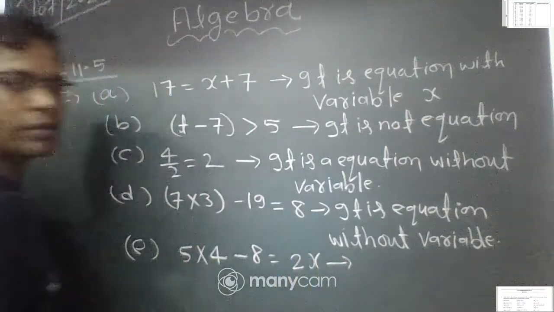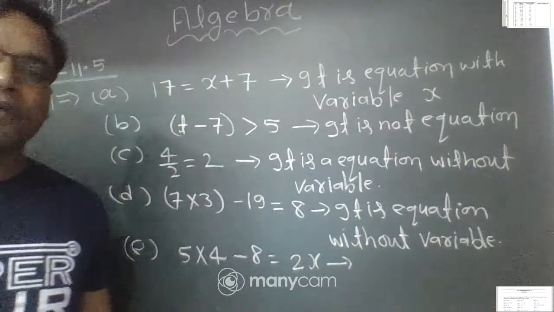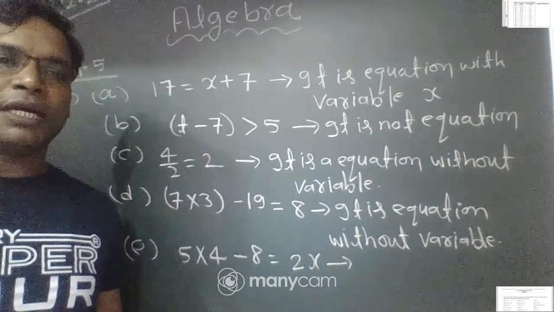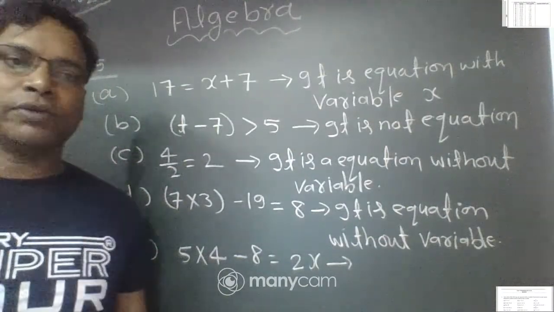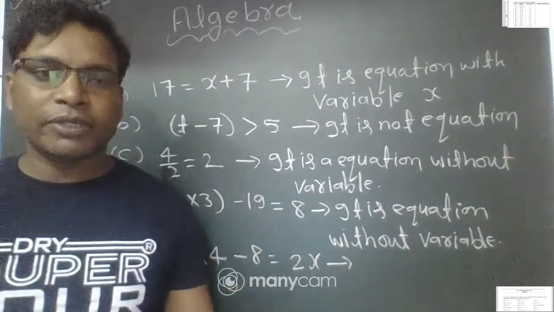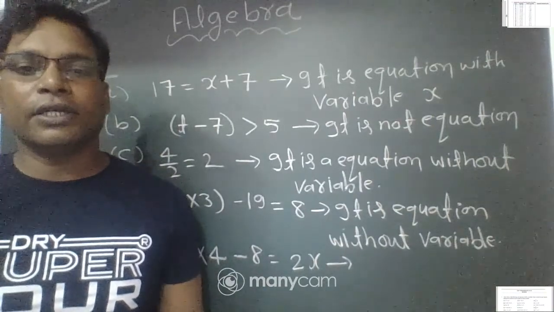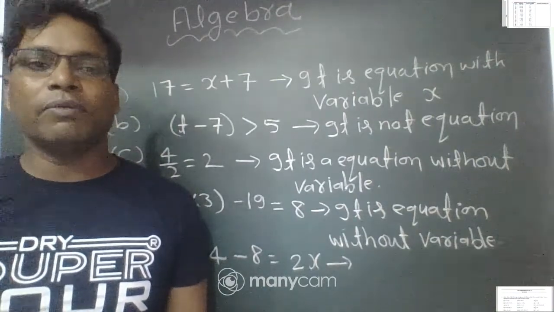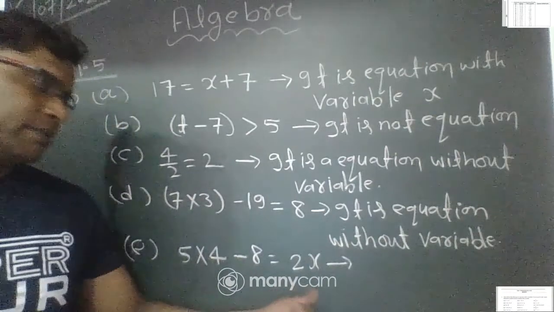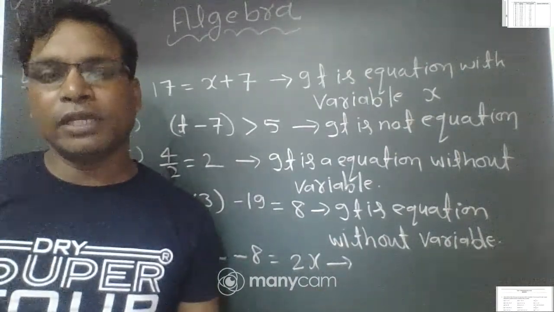So what can you say about this part? You can see here the left hand side is equal to the right hand side. So obviously you can say this is an equation with variable. What is the variable here? x is the variable. Okay, so it is an equation with variable x.